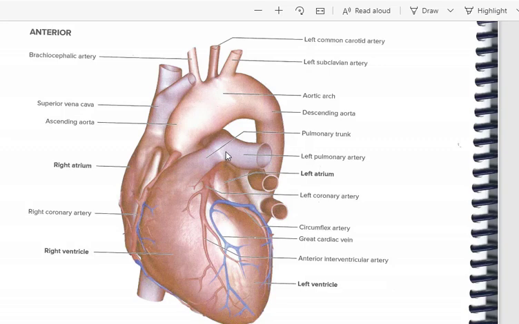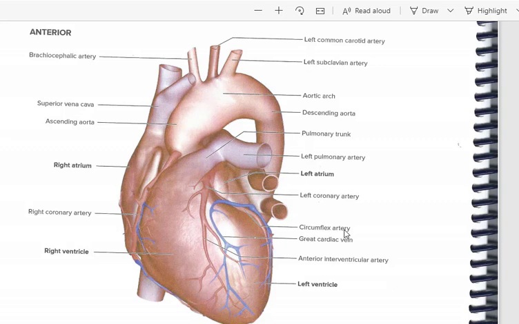The pulmonary trunk, you guys are cool with, and you know the left pulmonary artery is going to be coming off the left side where the left ventricle is. And your left coronary artery, right there. Okay, left coronary artery. Okay, circumflex artery. Circumflex.